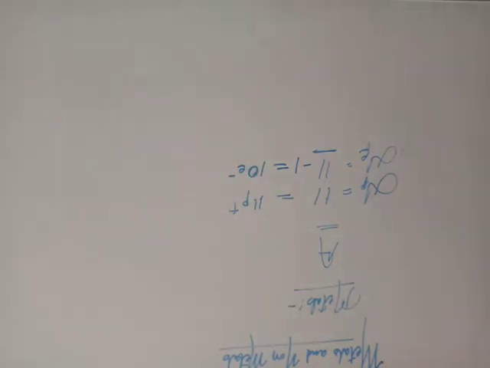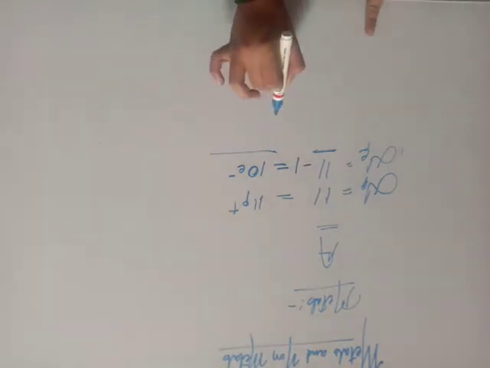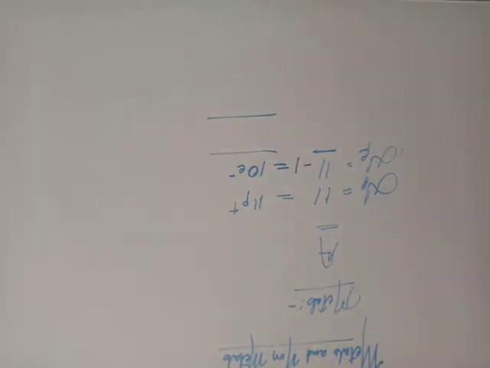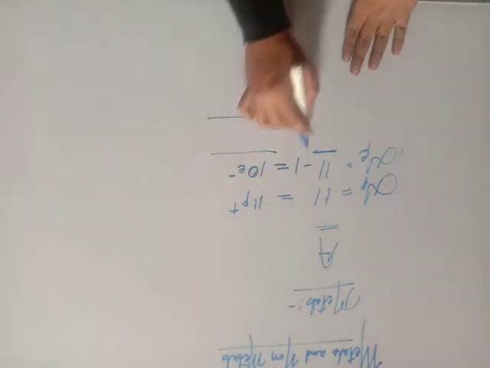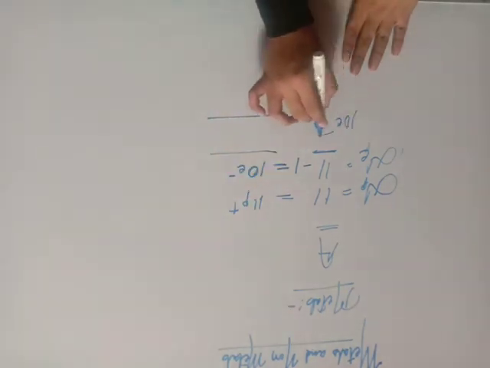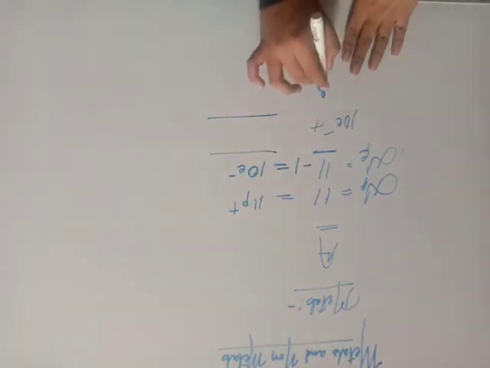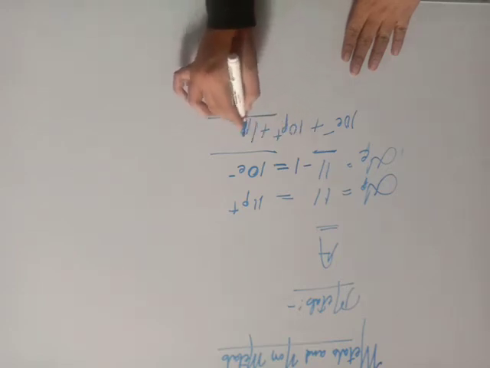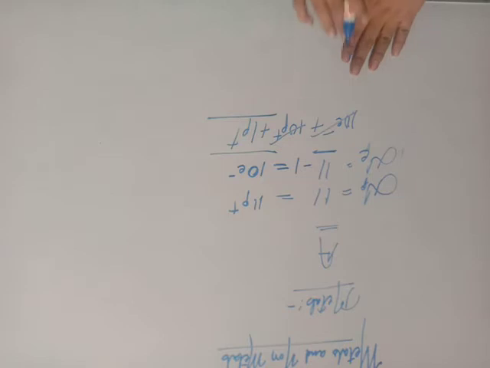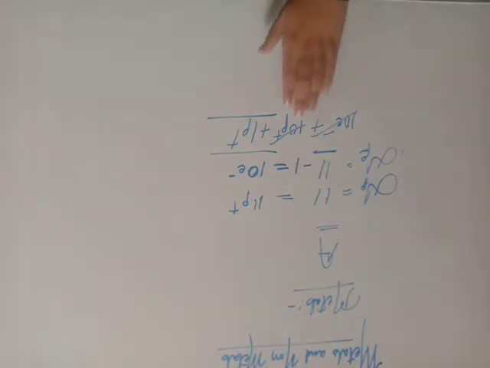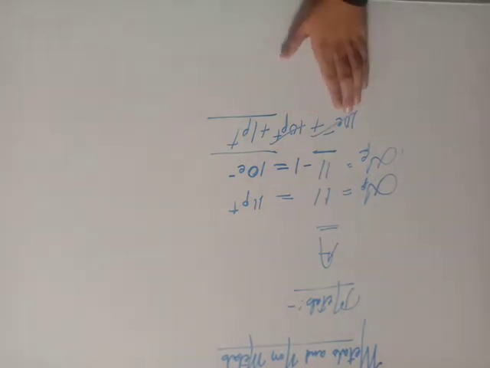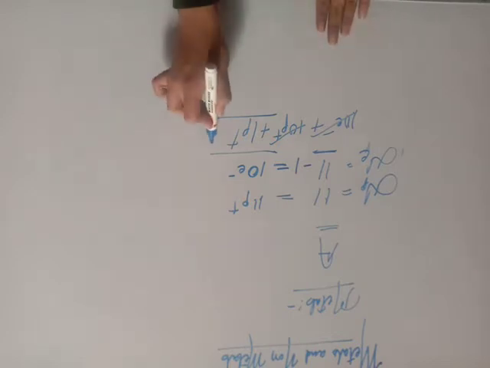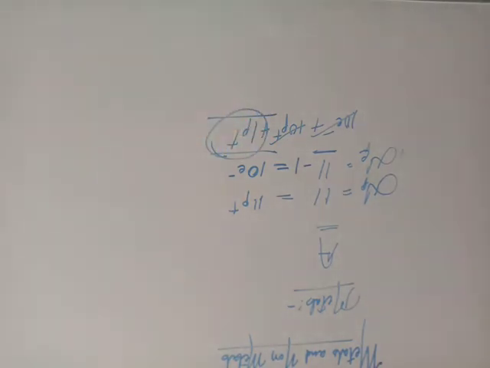You have studied integers, so now say what is the net charge on the element. We can write it as 10 electrons plus 10 protons plus 1 proton. Now these two can be cancelled because this is minus 10 and this is plus 10, so they will be cancelled. So the net charge on the element is positive.